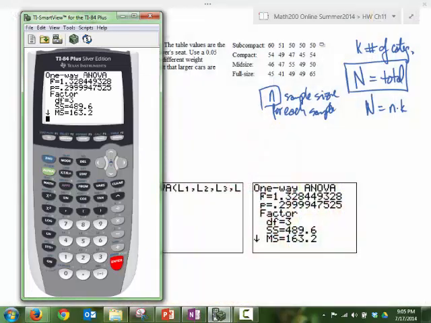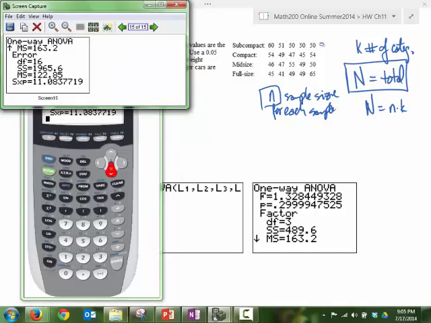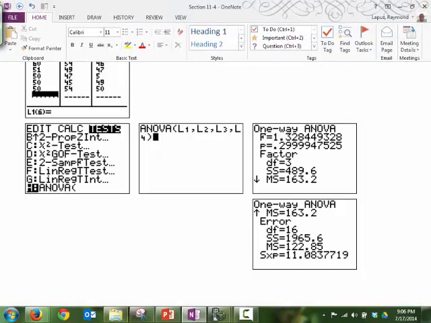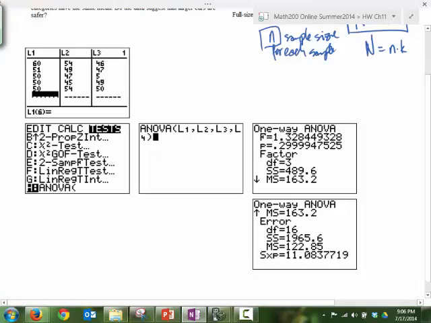And if you scroll down, you see just a handful of more pieces of information that would be useful for some of the things that we're going to need. Oh, I keep forgetting to start off with my null and alternative hypothesis. I just keep wanting to jump to the main part of the test.